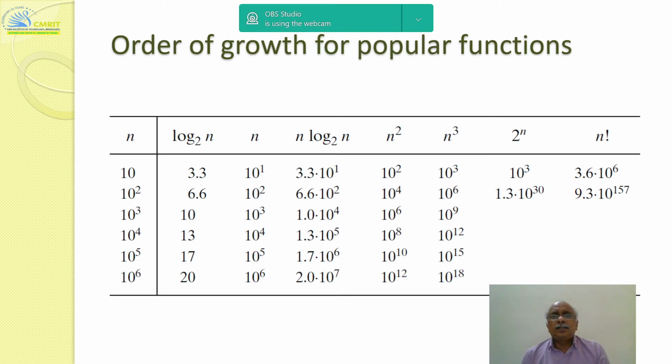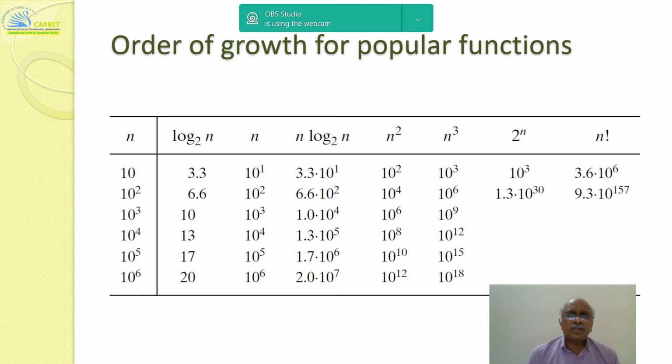This is a table which indicates how the running time increases as a function of n. So there are seven different categories of algorithms given. The first category of algorithms takes log n to the base 2 operations. The second one is proportional to n, like for example a linear search, etc. The third one, n log n to the base 2, and the fourth class of algorithms takes n square, where n is the input size. The fifth one takes n cube, and so on.